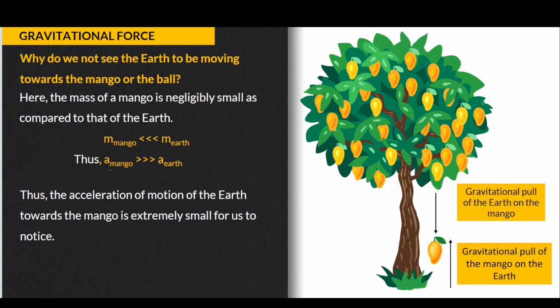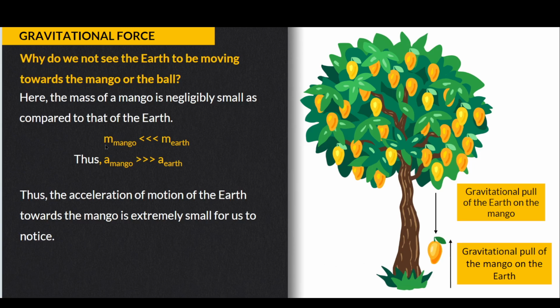That's why the acceleration of the mango is much greater than the acceleration of the earth, and that's why we can see the mango falling, or accelerating, towards the earth, and not the earth. The acceleration of the earth towards the mango is also there, but it is very, very small for us to notice. That's why we do not see the earth moving towards the mango.